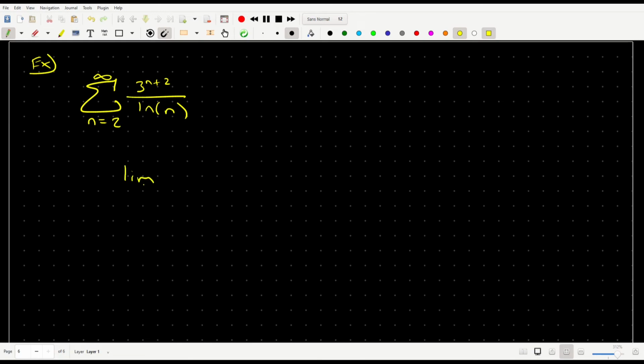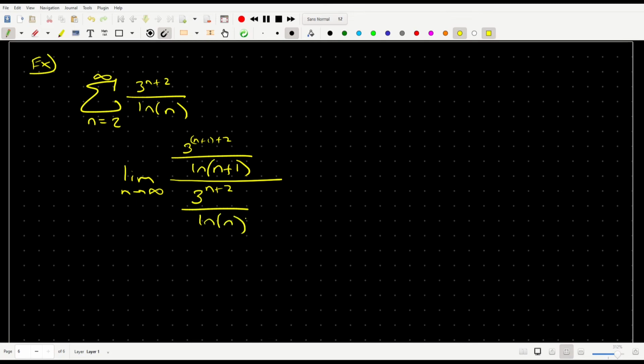So we've got to look at the limit as n goes to infinity of 3 to the n plus 1 plus 2 over the natural log of n plus 1, over 3 to the n plus 2 over the natural log of n.